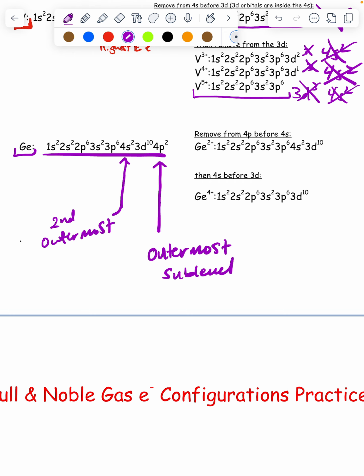Those are the electrons that we would call the valence electrons because they're in the 4th energy level. So those are the electrons that we're going to remove first, and probably the only electrons that we will remove. If we had to keep going, we would then start taking from the 3d.